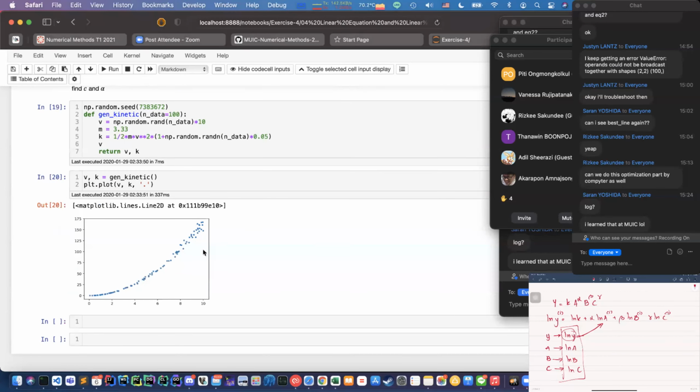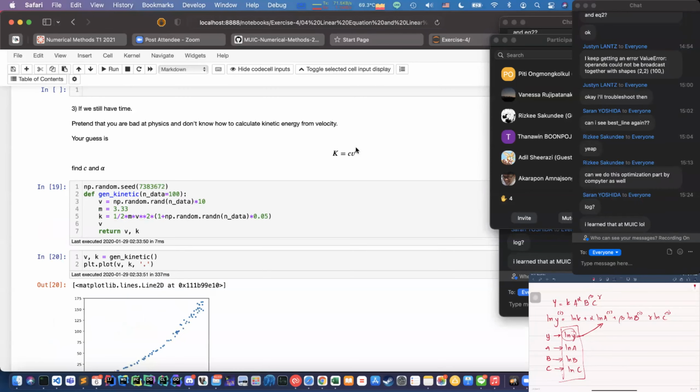So what we're going to do is collect the kinetic energy somehow. Let's say there's a kinemometer or something that measures kinetic energy and the velocity. You're going to get this graph, right? But then you want to know what the power alpha is, and what C is.